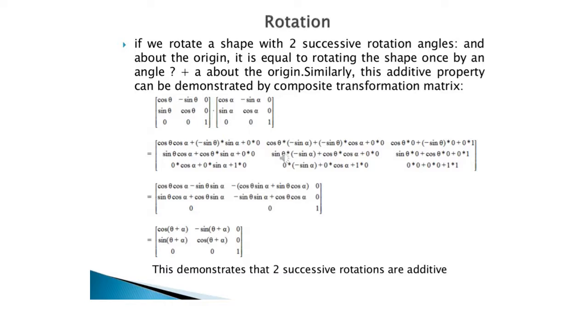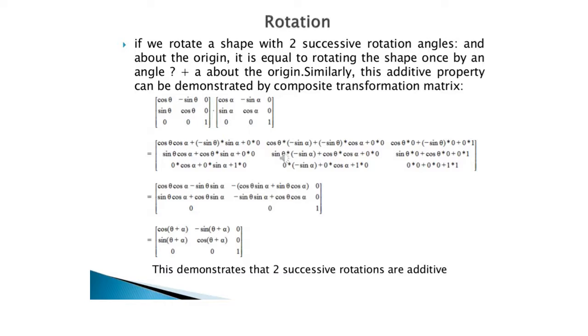When two matrices are given, the first has rows cos theta, minus sin theta, 0; sin theta, cos theta, 0; 0, 0, 1, and in the other matrix, cos a, minus sin a, 0; sin a, cos a, 0; 0, 0, 1.